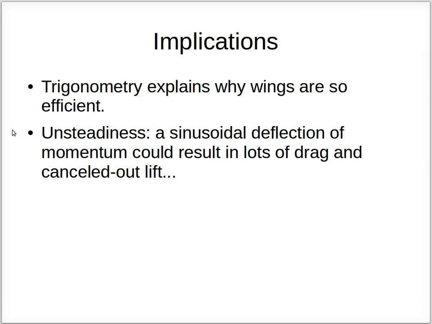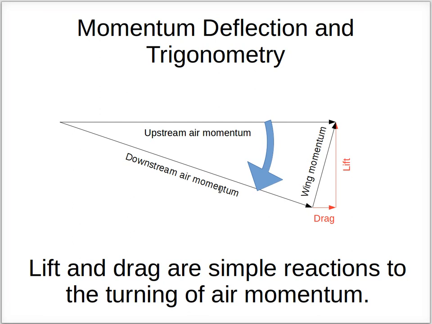And now we have come out with some reasons to explain why we use wings and why they're so efficient. It's really the trigonometry of it all. If you remember, maybe from high school math, the so-called small angle approximations, where for small angles, the cosine of the angle is approximately just equal to 1, and the sine of an angle is approximately just equal to the angle in radians.